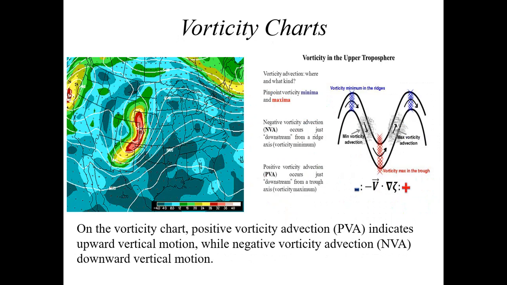I'm looking at 500 millibar or 700 millibar weather charts, 18,000 feet to 10,000 feet. I'm looking for these little short waves, and the positive vorticity advection being out ahead of the shortwave trough axis, and the negative vorticity advection being behind the shortwave trough axis, with PVA indicating upward vertical motion and negative vorticity advection, NVA, indicating downward vertical motion.